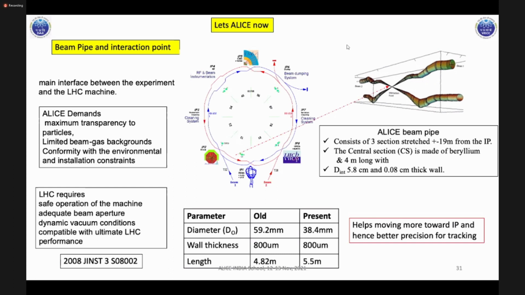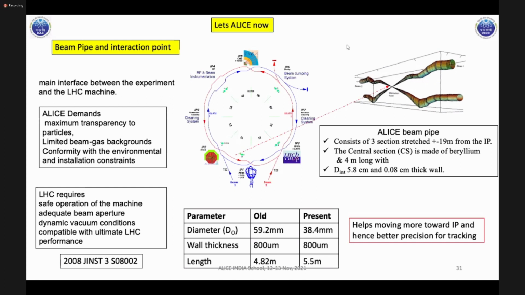So during this LS2, the beam pipe has also changed. Its diameter is now much smaller: instead of 60, it is about 38. The wall thickness remains the same, and the length is a little bit increased. The length I'm talking about is the length of the beam pipe at the experimental site.